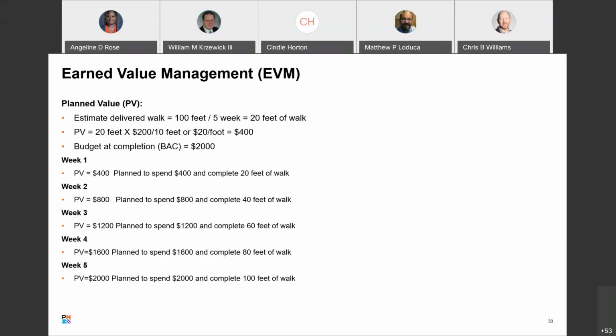And just an FYI, this example was very simplified. In real life, it's not going to be as objective. It's not, I have to deliver 100 feet, so I know I'm 20% done when I deliver 20 feet and 40% done when I deliver 40 feet. An IT project is not going to be nearly that simple.